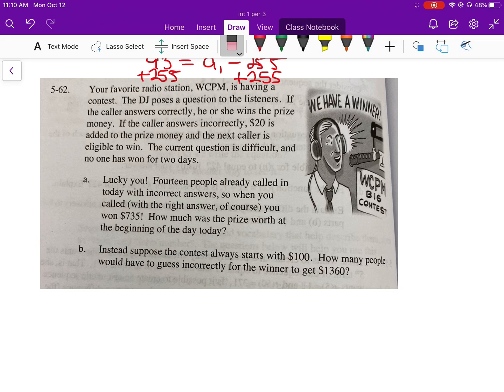The current question is difficult, and no one has won for 2 days. Lucky you! 14 people already called in today with incorrect answers. So when you called with the right answer, you won $735. How much was the prize worth at the beginning of the day today?